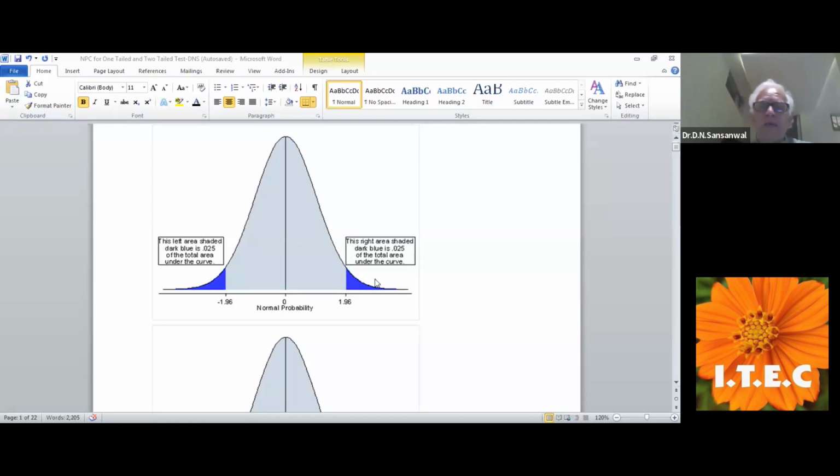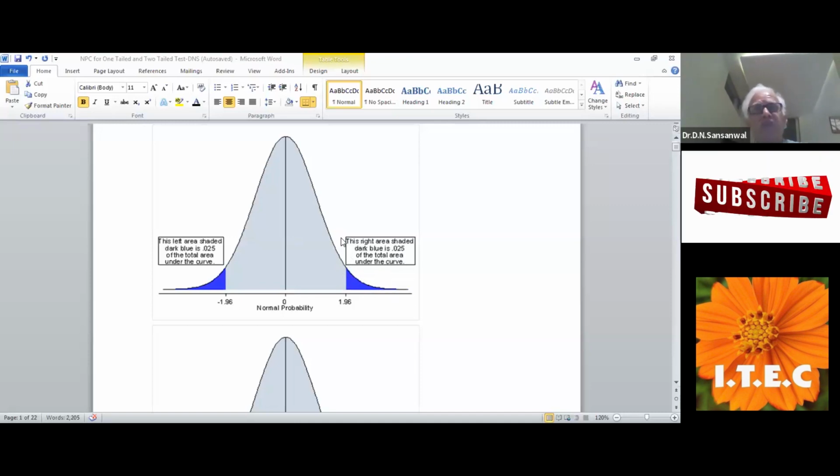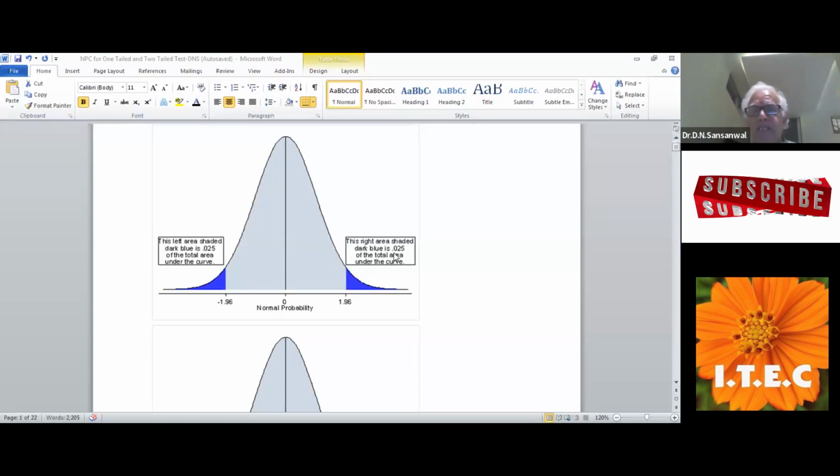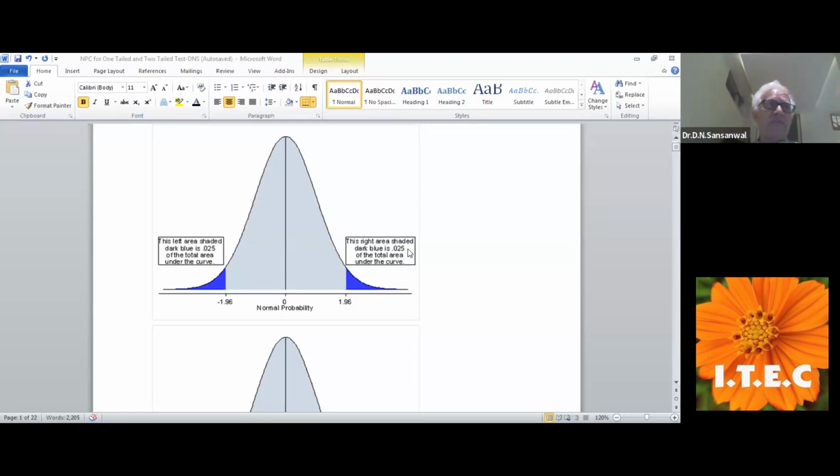Now, the error here is 5%, 0.05. This 0.05 you divide into two parts. It will be 0.025. You can see here, it is 0.025. So this dark blue color means your error is 0.025 or less.